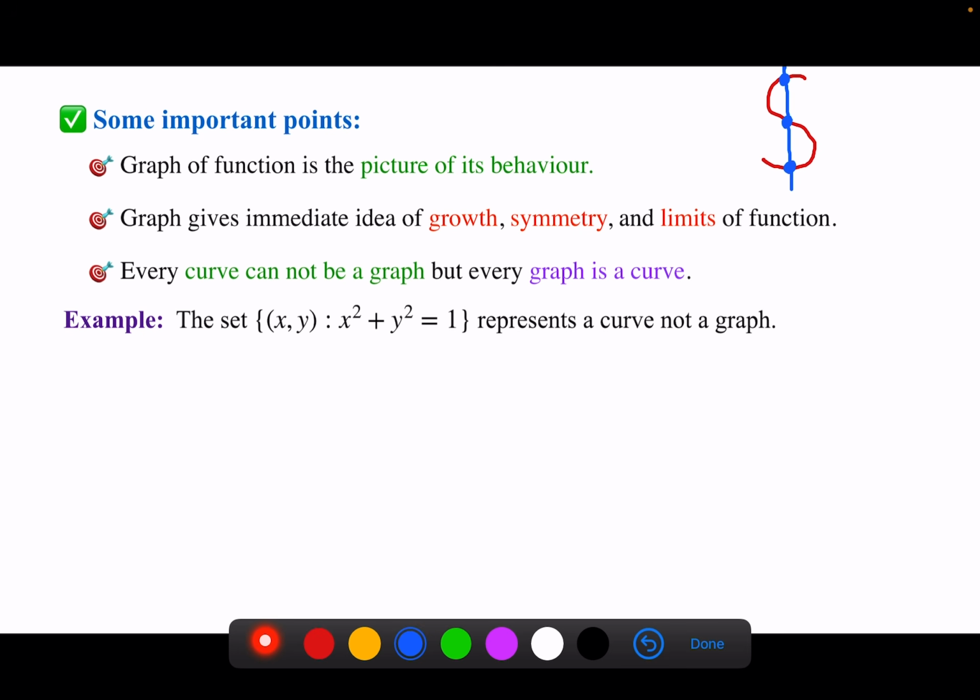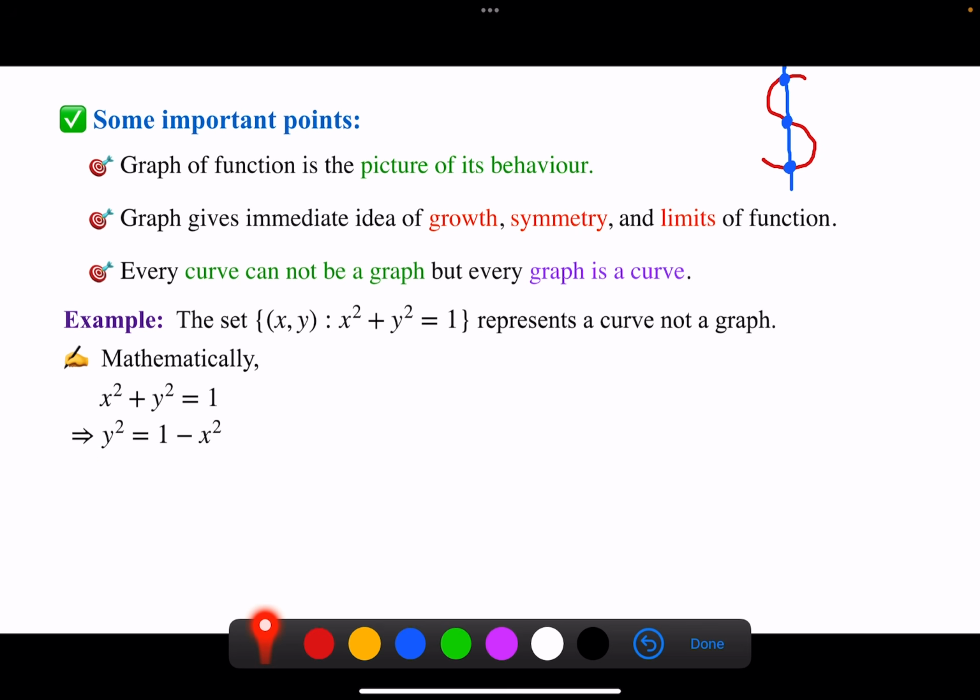One example: the set of x comma y such that x square plus y square equal to 1. This set represents a curve, not a graph. First we mathematically simplify this. x square plus y square equal to 1 is given. So we can write y square equal to 1 minus x square.